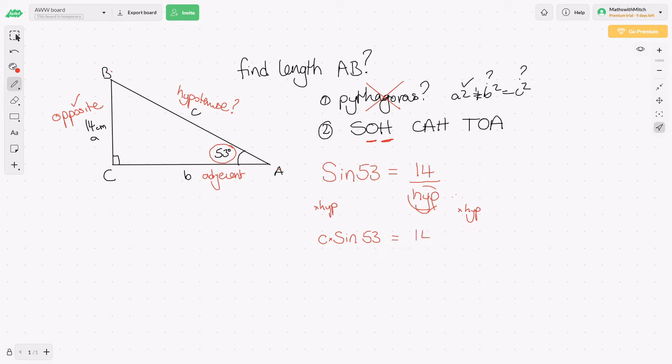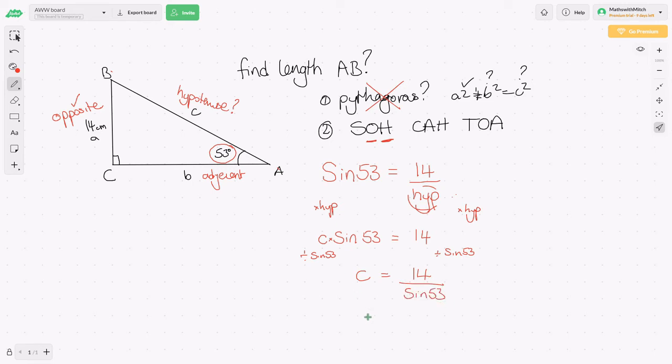And that's going to now equal 14. So now we want to get rid of sine 53. To do that, we're going to divide both sides. So that leaves us with C equals 14 over sine 53.